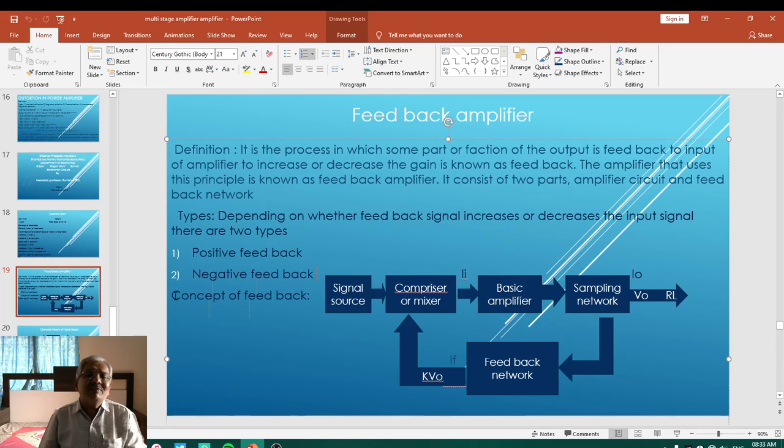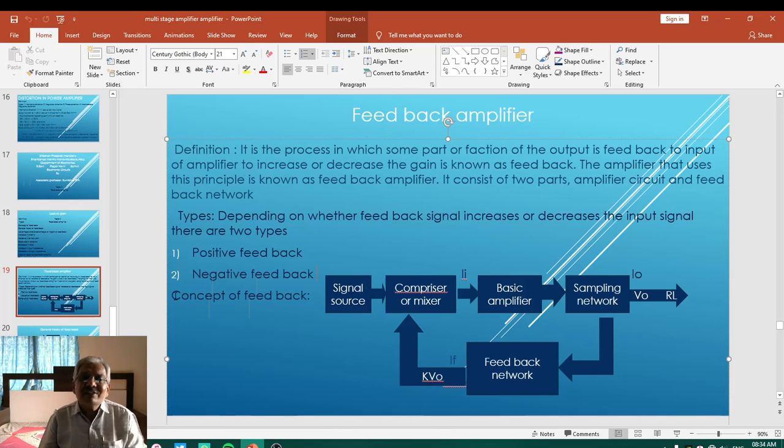Either it is subtracted from the input or it is added into the input, depending upon the feedback factor. Accordingly, it may increase the gain of the basic amplifier or it may decrease the gain of the basic amplifier.